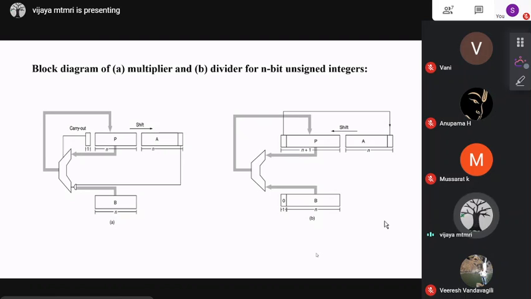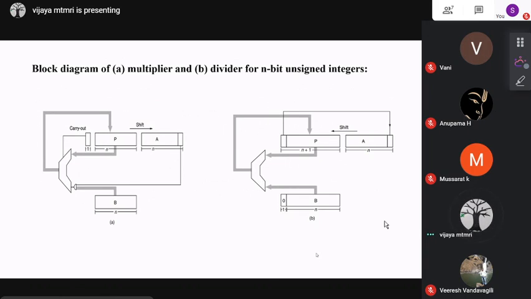So if the least significant bit of a is not 0, then register b, containing b n minus 1, b n minus 2 to b naught, is added to p; otherwise 0 is added to p. The sum is placed back into p.